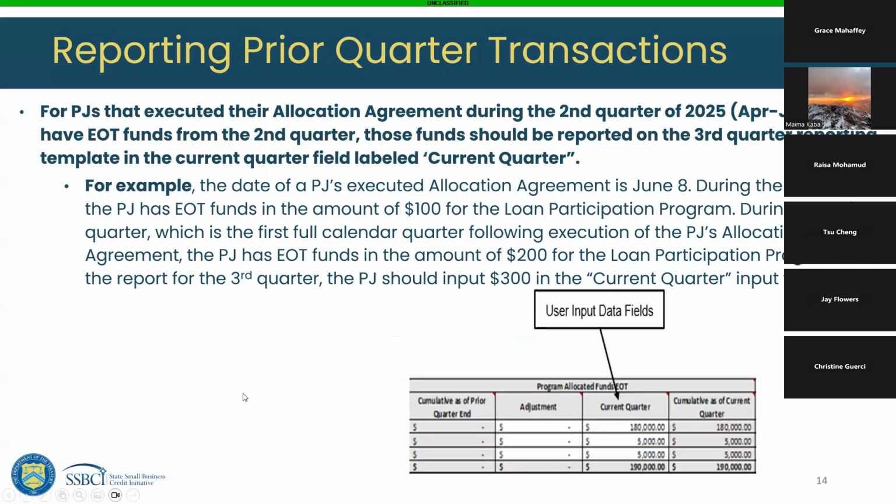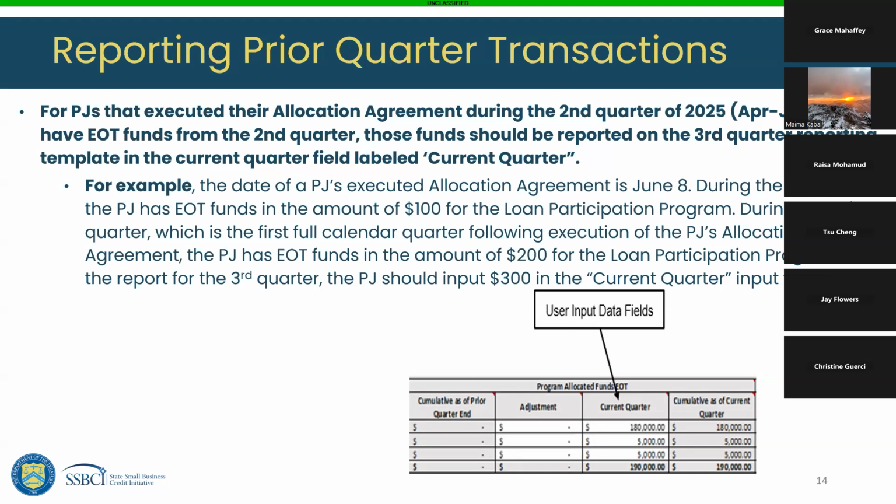Okay, so for jurisdictions that are reporting for the first time and have EOT from a quarter prior to their first reporting period, the jurisdiction should report the prior quarter activity along with your current quarter activity in the current quarter field and not report the prior quarter activity as an adjustment.